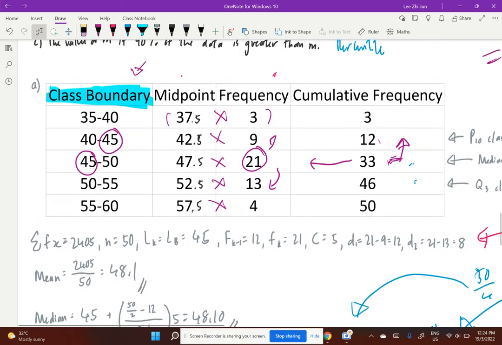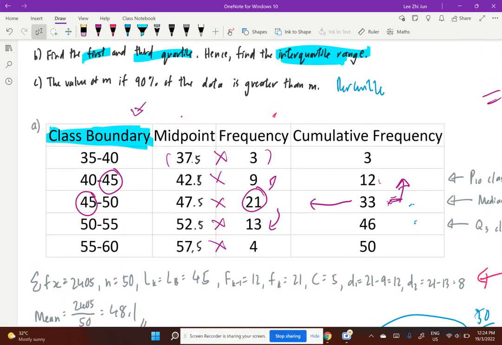The third one, the value of m if 90% of the data is greater than m. So 90% is at here, 90% is greater than m. M may be located at this point. So you need to find the percentile.